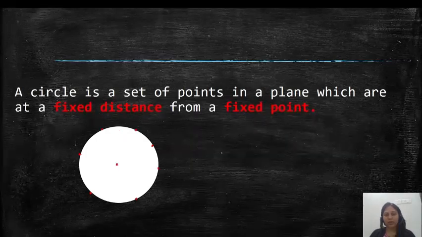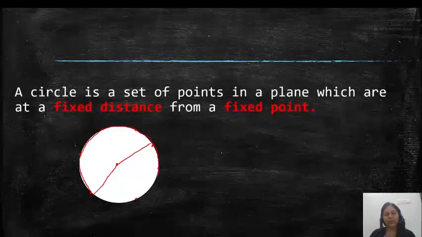Let us suppose this is the fixed point. If we measure the distance of these points, we find that they are at equal distance. When we connect all these points, what do we get? You can see here in the picture, we get a circle. Now you got it? And this fixed point is the center, right?